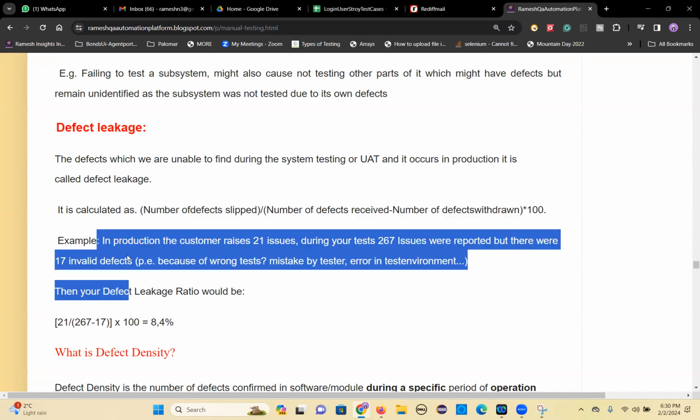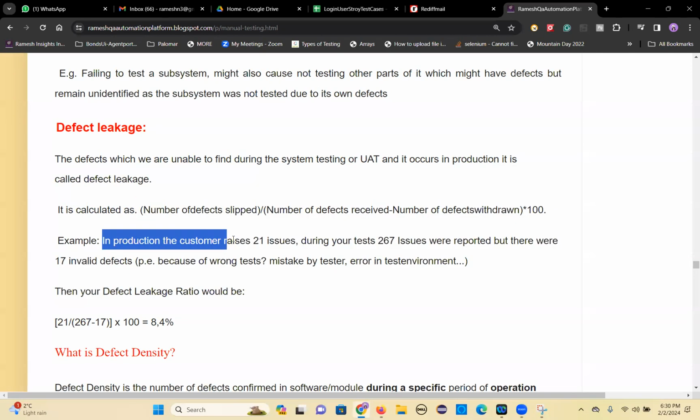So this is the example. In production, the customer found 21 issues. That means you missed 21. During your testing, you raised 267 issues. You raised a lot of issues, but there were 17 invalid defects.